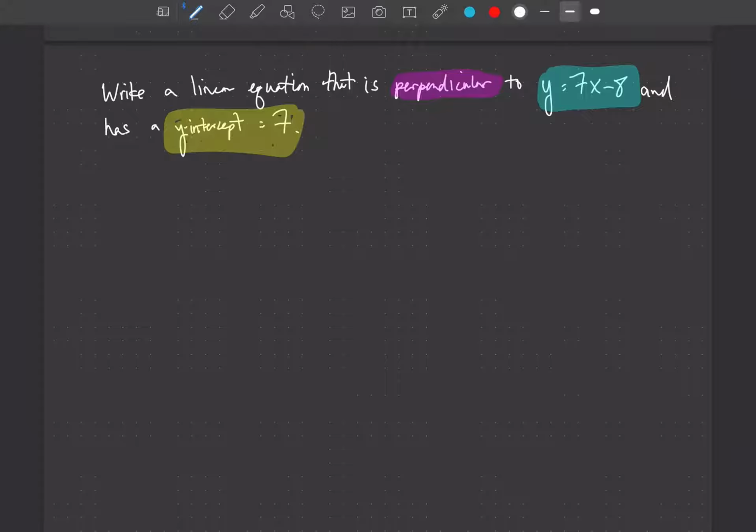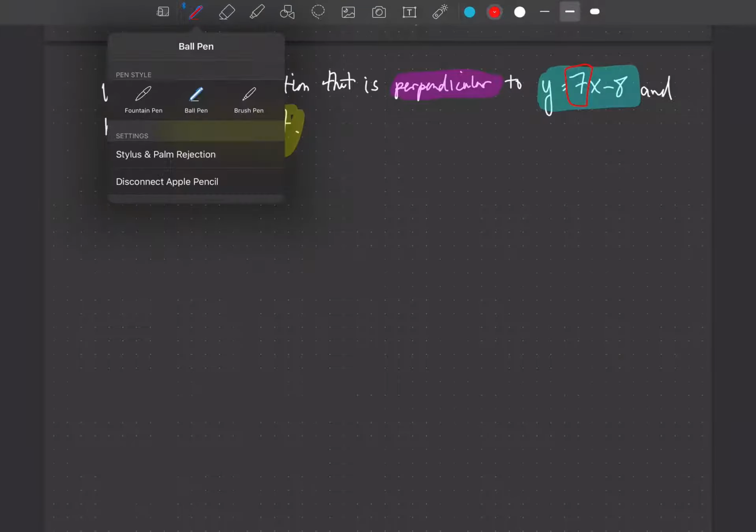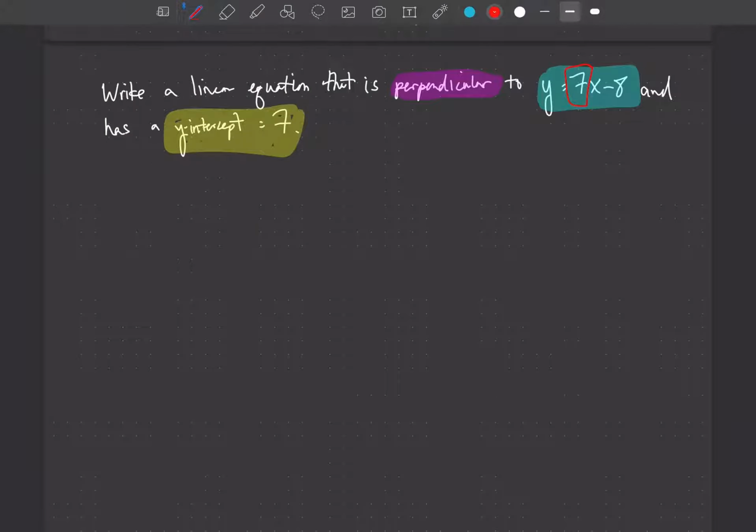Looking at our slope, we had 7 to begin with. But I don't want the same slope, I want opposite and reciprocal slopes since we're talking about perpendicular.